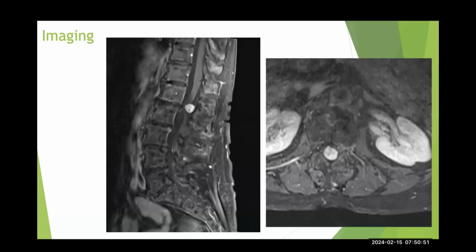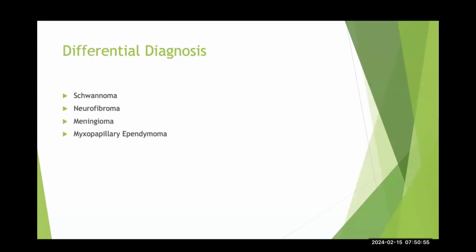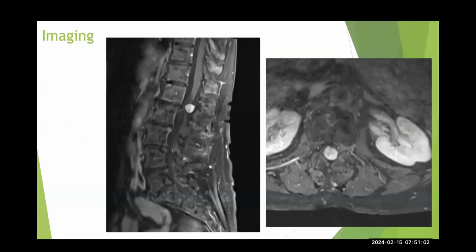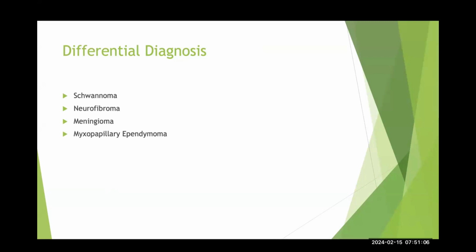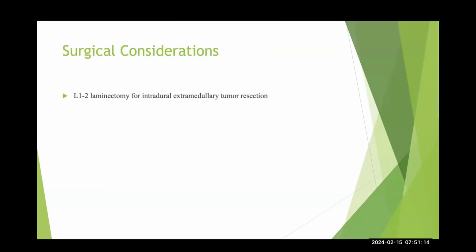Myxopapillary ependymoma. Yeah, that's another important one to consider for tumors in this location, at the filum to the conus. But again, as you mentioned, schwannoma and meningioma tend to be the more common ones. So don't forget about neurofibroma as well, and myxopapillary specific to this location.